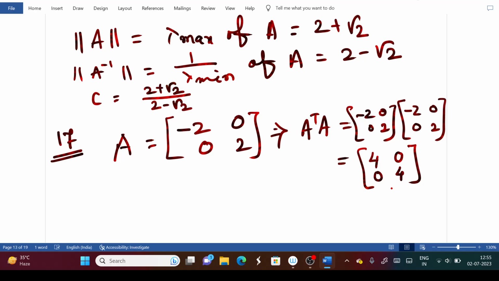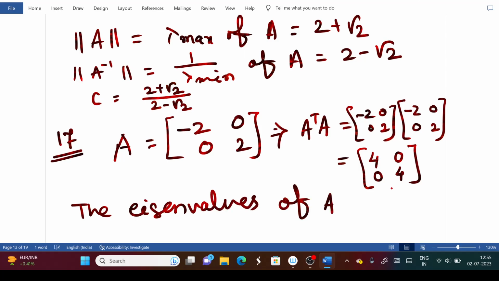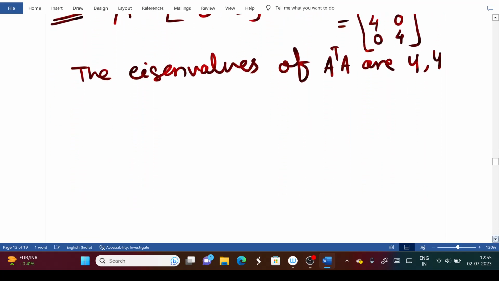So now here the eigenvalues of A transpose A are 4, 4. So lambda max is 4, lambda min is 4.